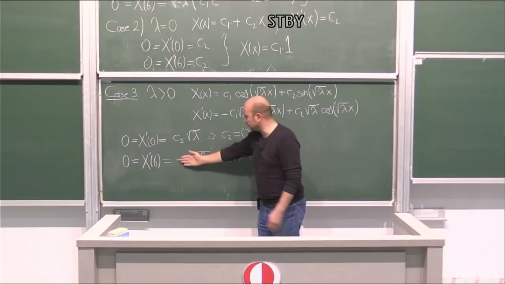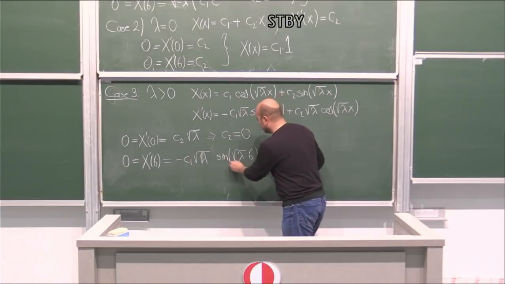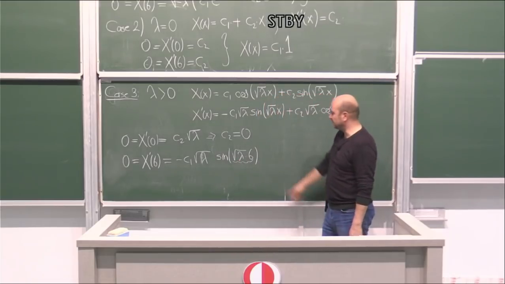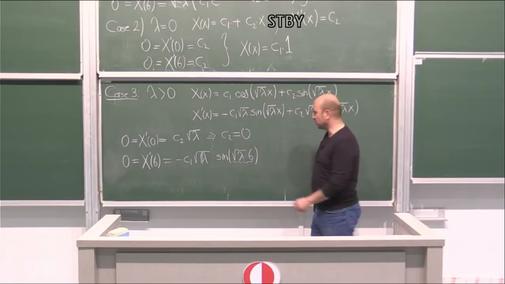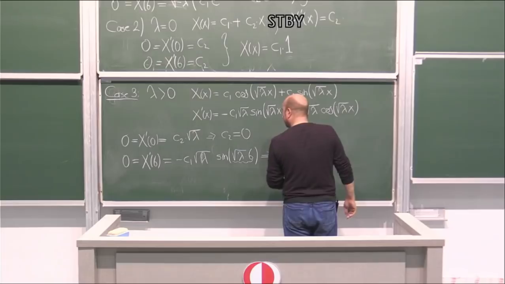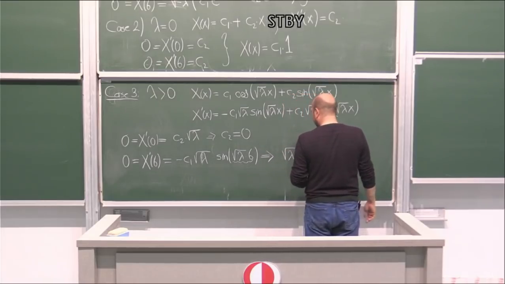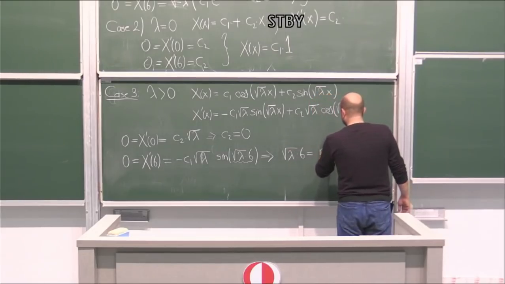Either this is 0, which gives us, again, trivial, or this part must be a multiple of pi. Because if this part is a multiple of pi, then sine will be 0. So this implies, if you are looking for a non-trivial solution, square root of lambda times 6 must be equal to n pi.